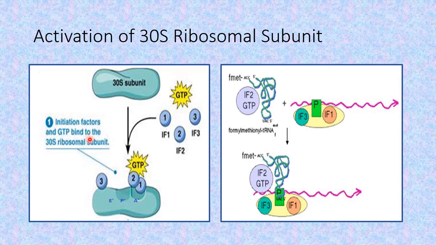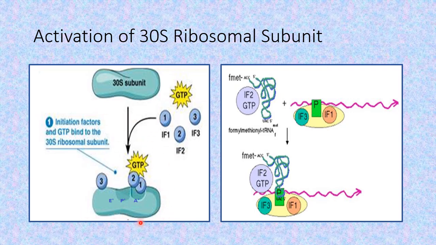various initiation factors, various proteins which help in this process of initiation, get associated with the small subunit of the ribosome. This small subunit of the ribosome has got 3 sites corresponding to the 3 sites of the larger subunit.